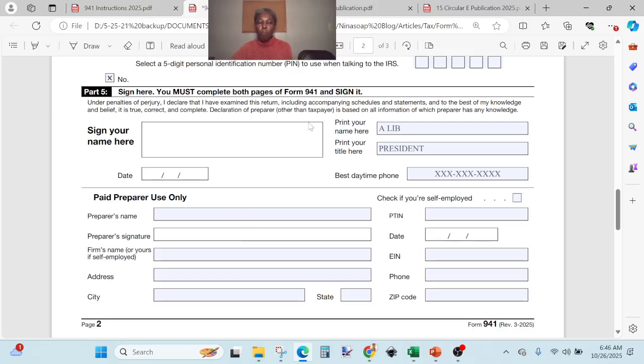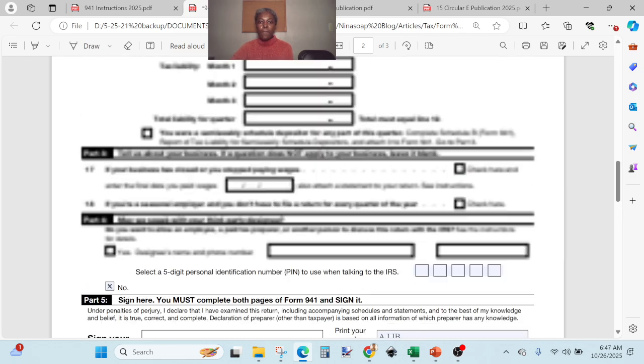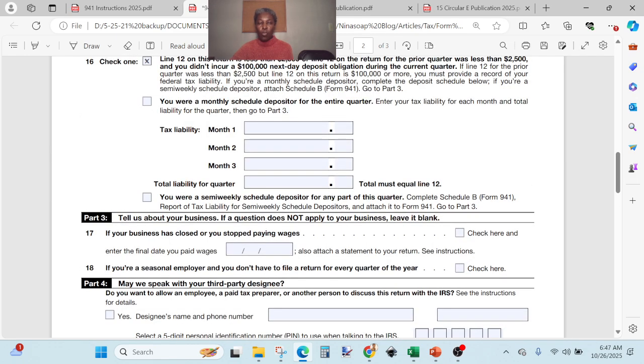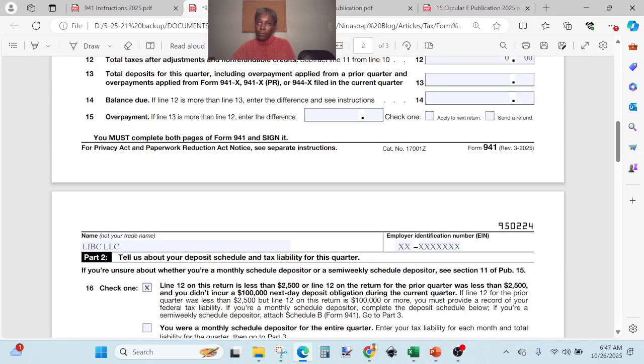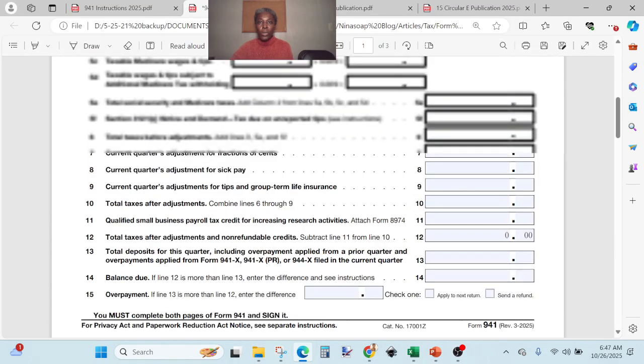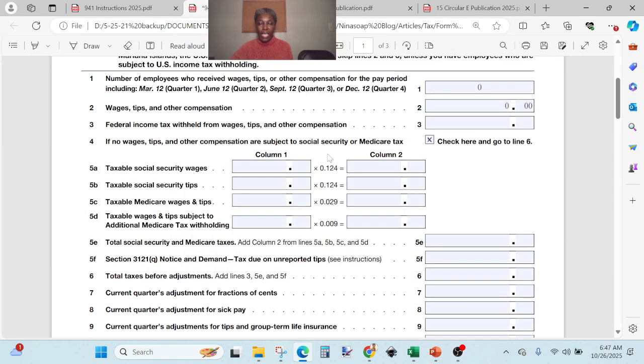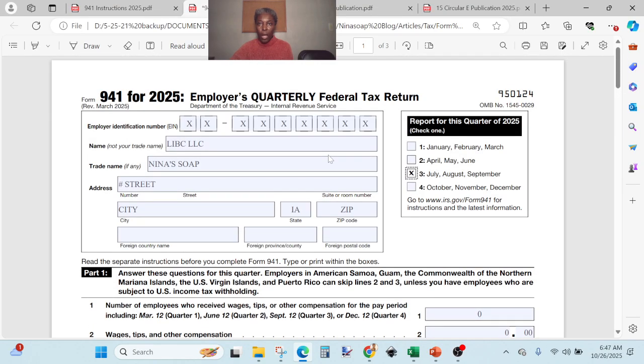So where do you mail your Form 941 if no voucher will be added to it? That means no amount is owed and will be paid with Form 941.